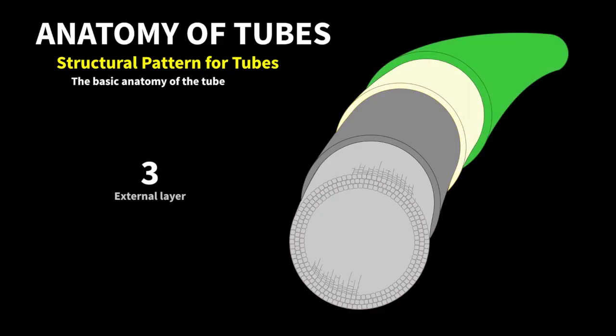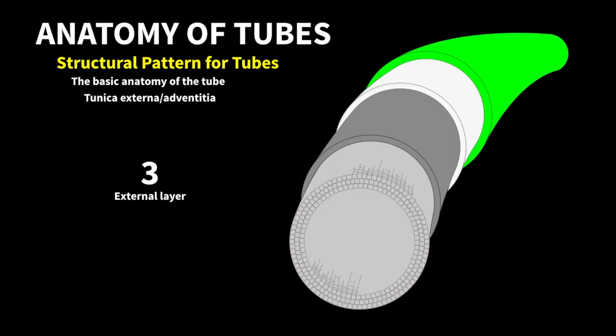The final layer of the tube, being the outermost layer, is called the external layer. Anatomists name this layer the tunica externa or tunica adventitia. Two good names. The logic in the name externa, meaning outside or external, is quite obvious.